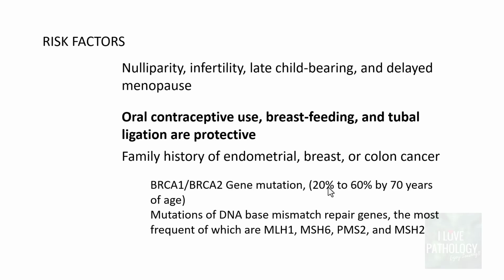Apart from BRCA1 and BRCA2 gene mutations, there can be mutations of the DNA mismatch repair genes. The most common ones are MLH1, MSH6, PMS2, and MSH2 genes, right? So remember that BRCA1 and BRCA2 are the most important genes which are mutated, which are risk factors for development of ovarian carcinomas.